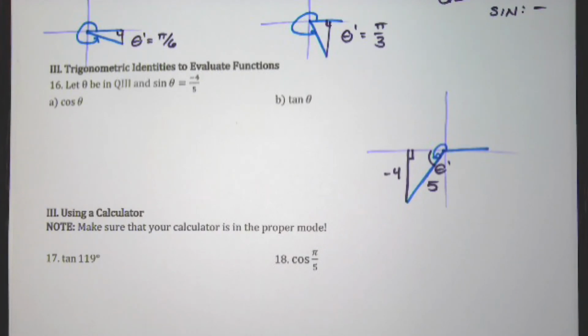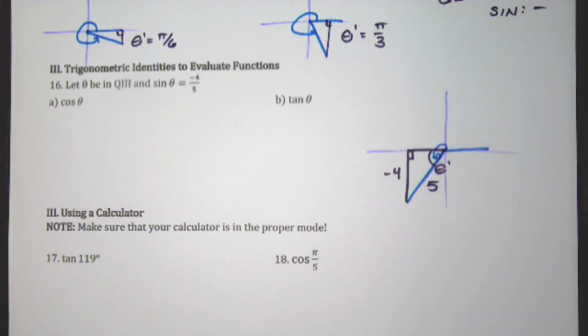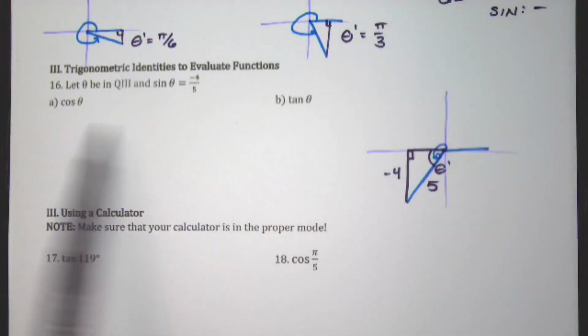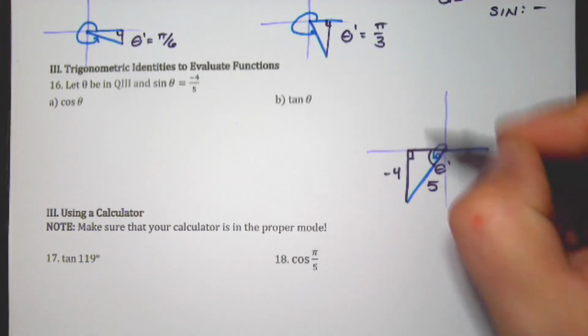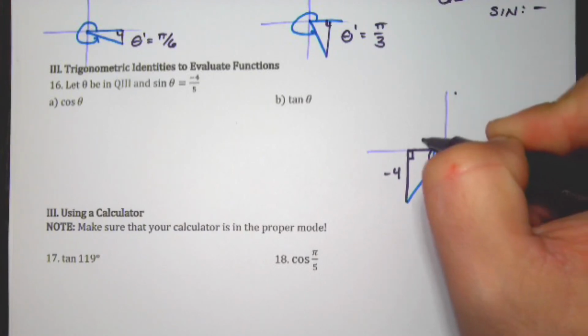So now hopefully this is starting to look similar to the very first page. So when we complete that triangle, we can use the Pythagorean theorem to finish it off, use that identity, and that lets us find our cosine and tangent. Now, reminder, and I'll write this out this time, the Pythagorean theorem right over here, we're going to end up with this side x.